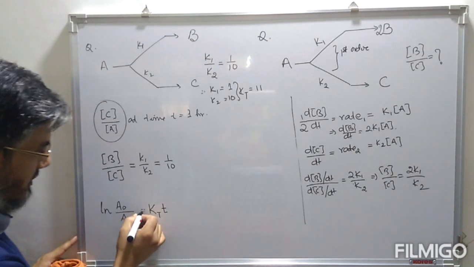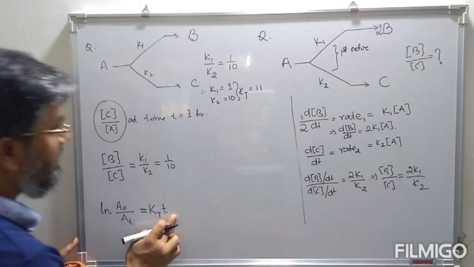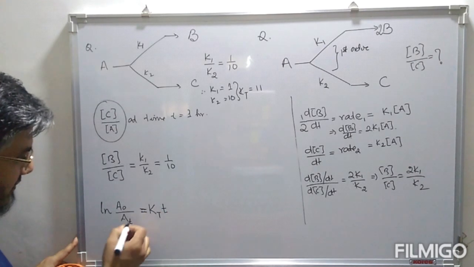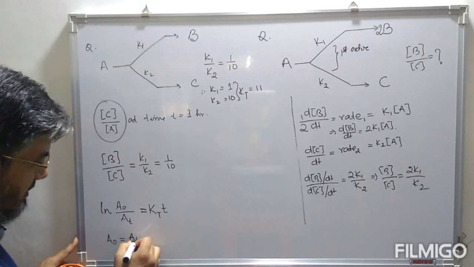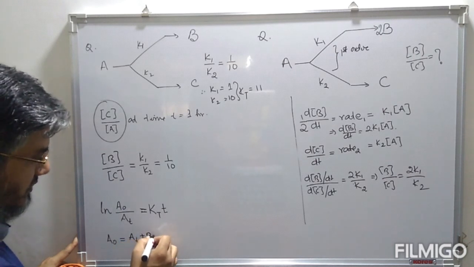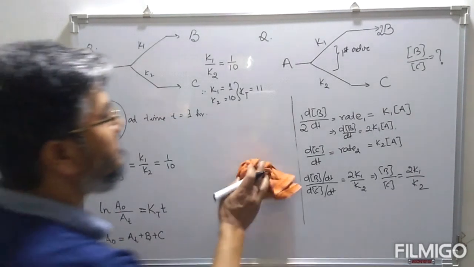Now we have this first order kinetics, ln A naught by At is equal to Kt into t. Now at any given instant, this A naught is equal to At plus B formed plus C formed. So we have to replace this A naught in this equation.